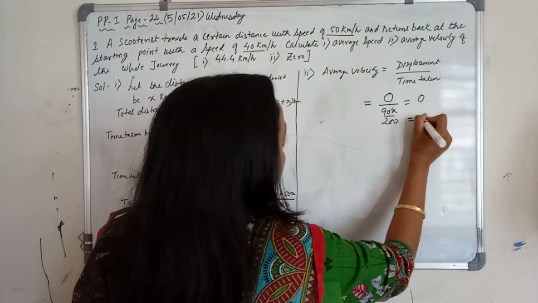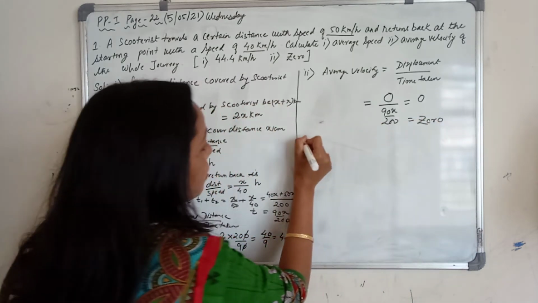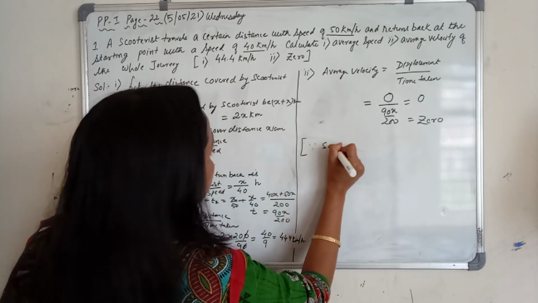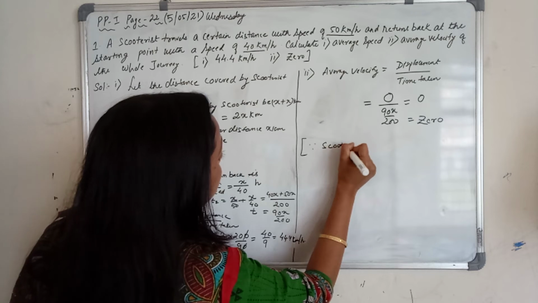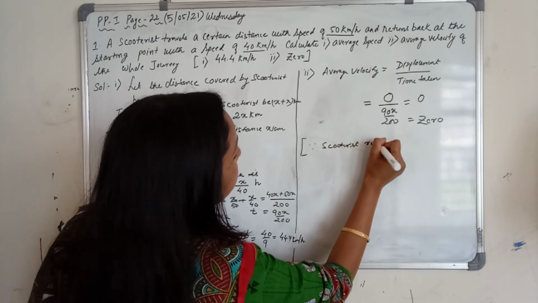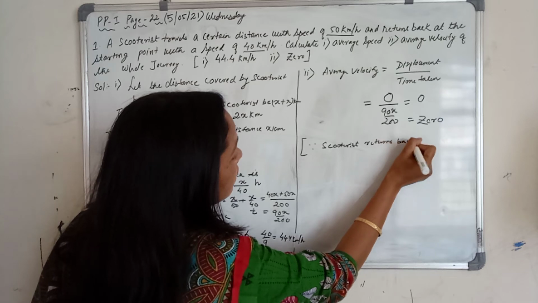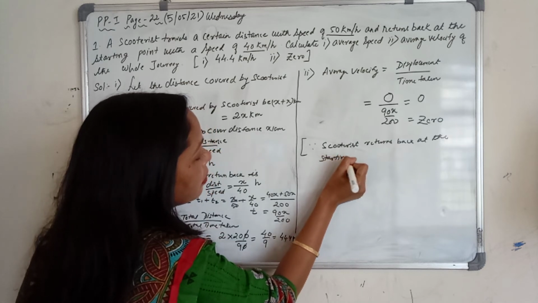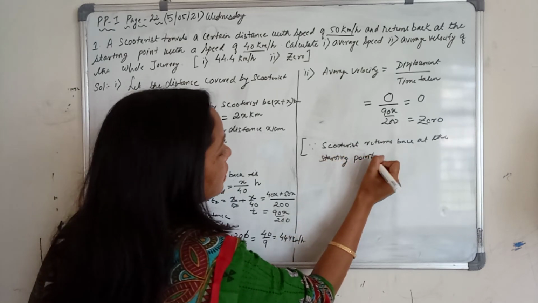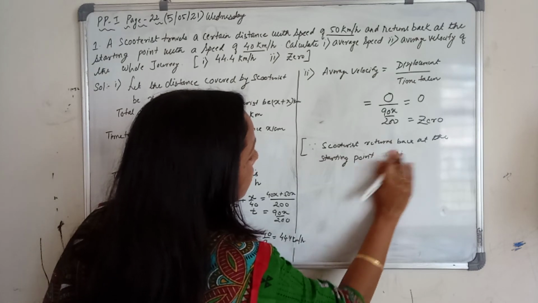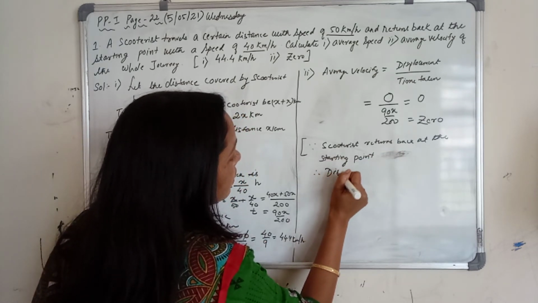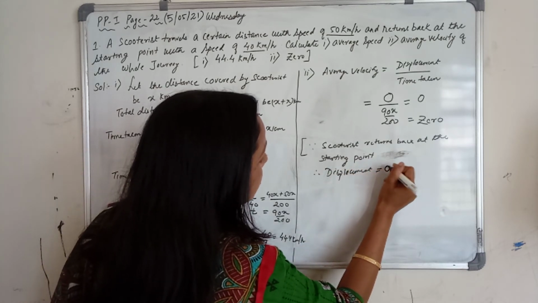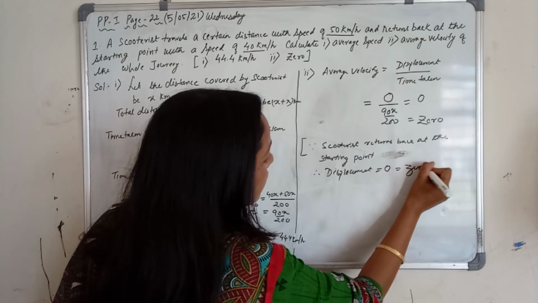So your answer will be 0. And here you can write, since the scooterist returns back at the starting point, therefore displacement is equal to 0, or you can write zero.